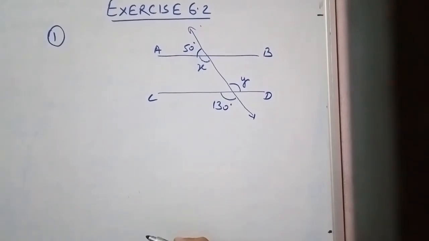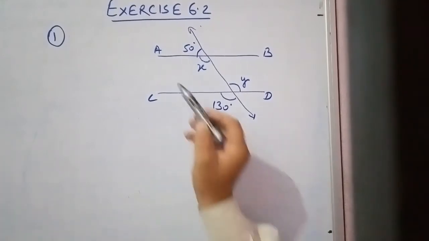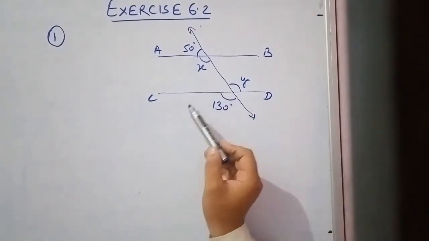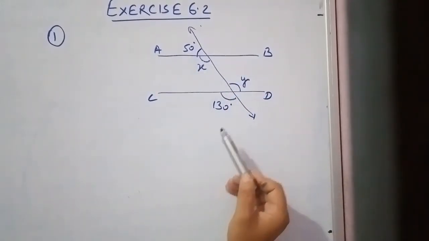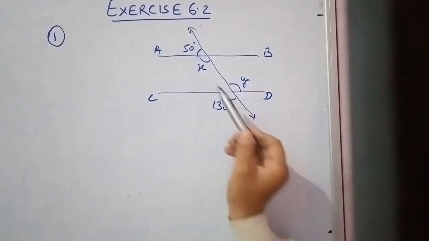We have to find the value of X and Y, and then prove that AB is parallel to CD. Here AB is not given parallel to CD. We have to prove AB parallel to CD.